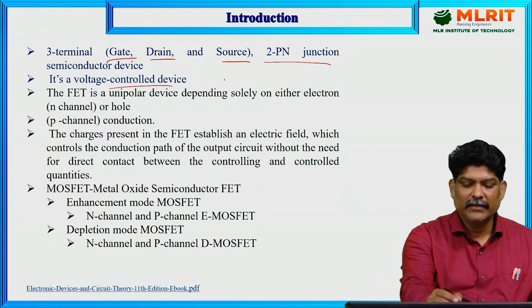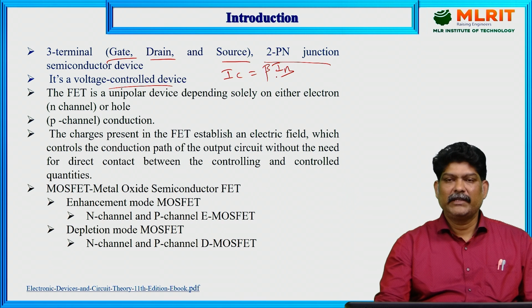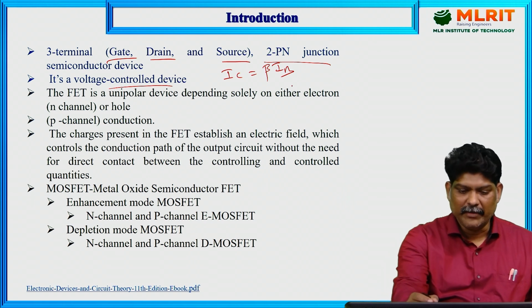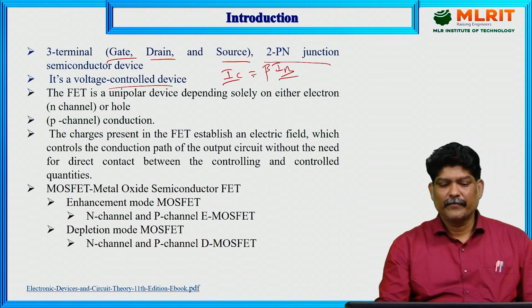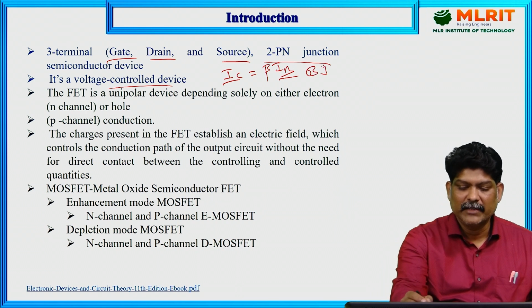Let us say IC is equal to beta IB. In the case of CE configuration, the output collector current IC is equal to beta times the base current IB. Therefore, we can say BJT is a current control device.